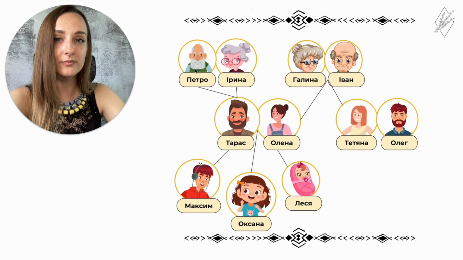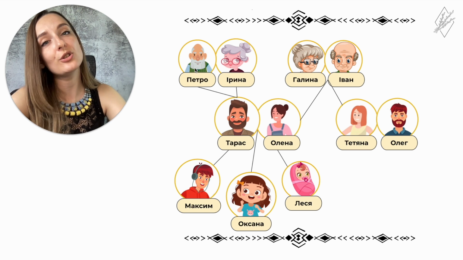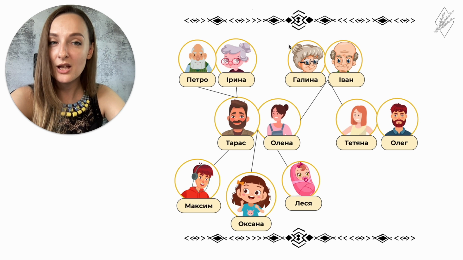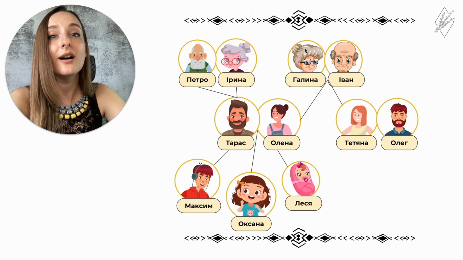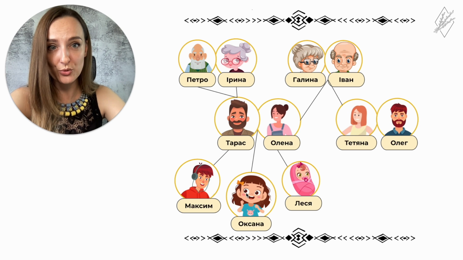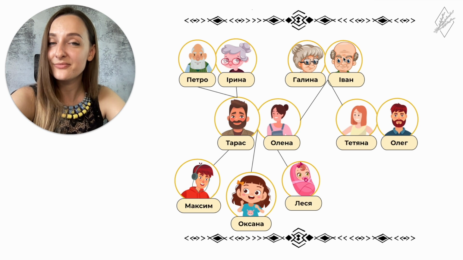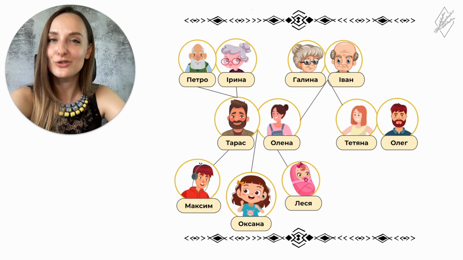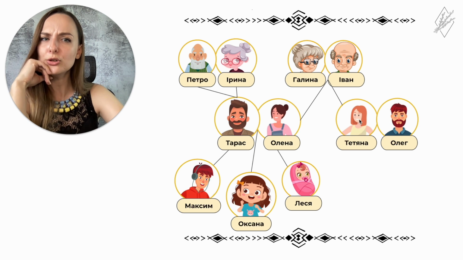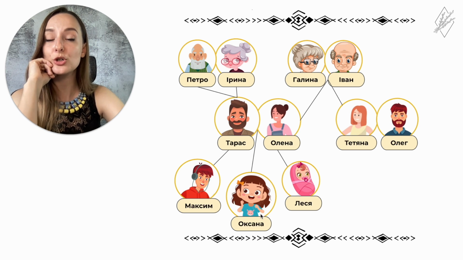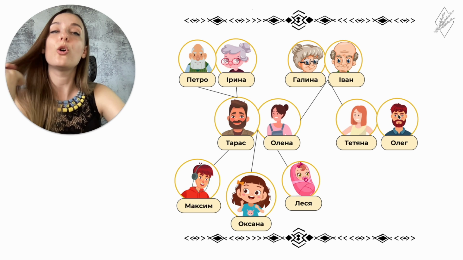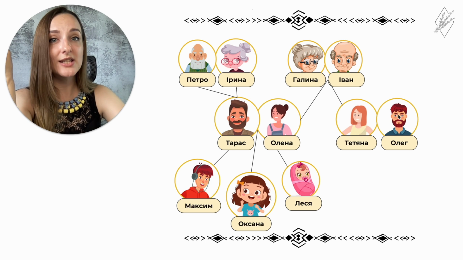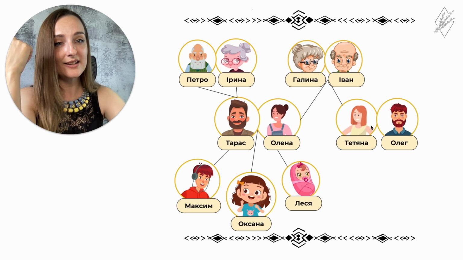А Петро? Петро – його дідусь. А хто Галина для Оксани? Галина – теж її бабуся. А Іван – теж її дідусь. А хто Тетяна і Олег для Оксани? Тетяна – її тітка, а Олег – її дядько. Тітка і дядько.